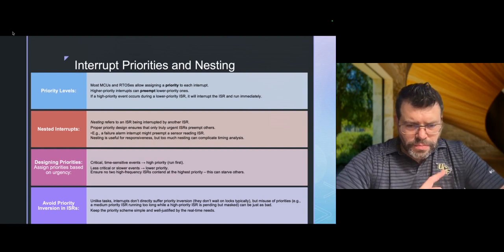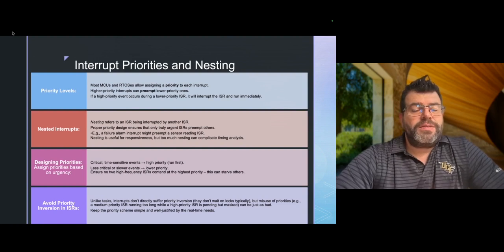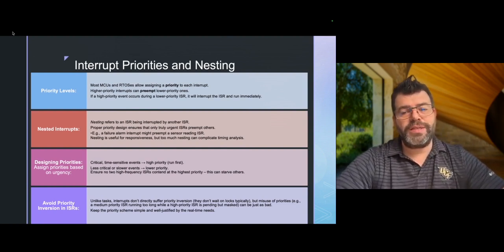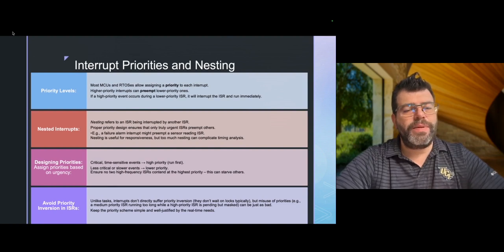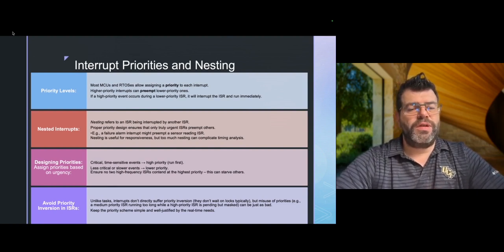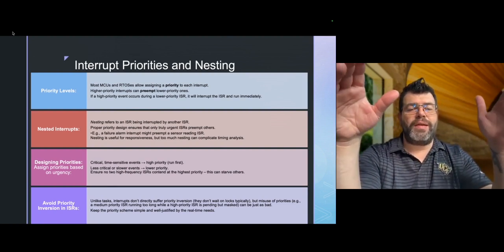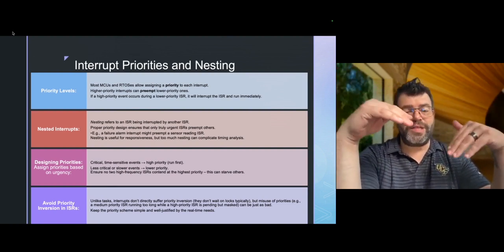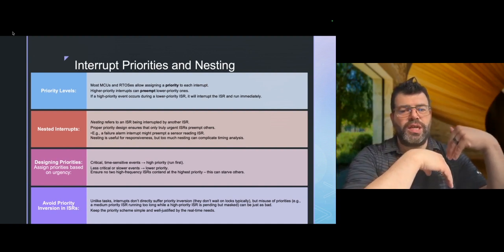All right. We don't really see priority inversion in our interrupts. They don't wait on being locked. But still, if you really set up priorities incorrectly, so if you have a medium priority ISR that's running, and then a high priority ISR that is pending but not turned on, it can be really bad.